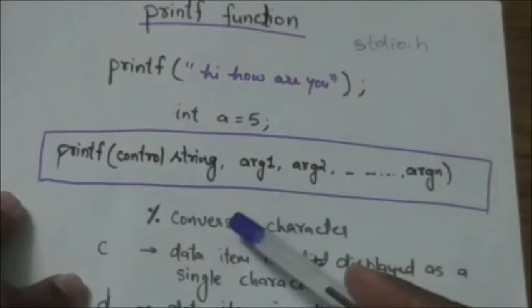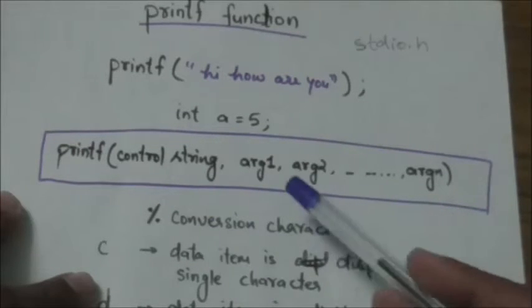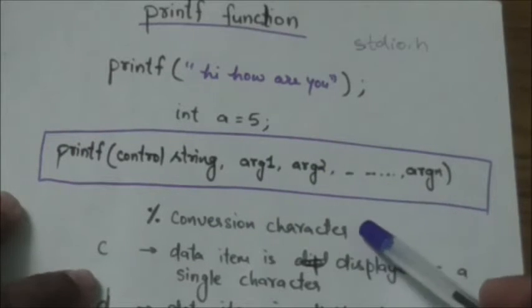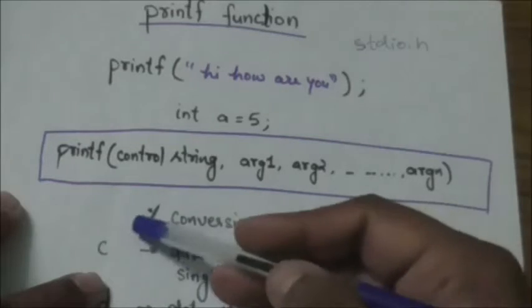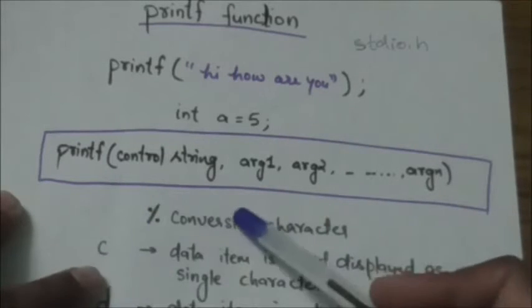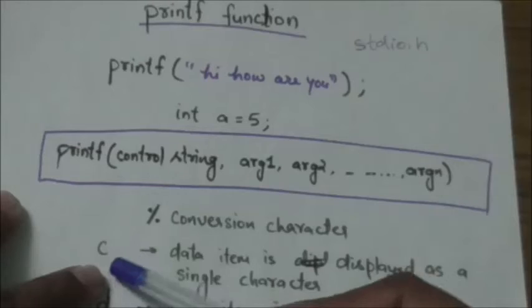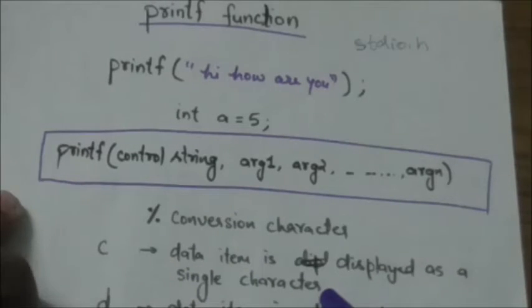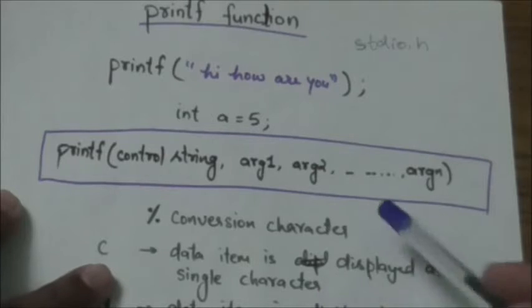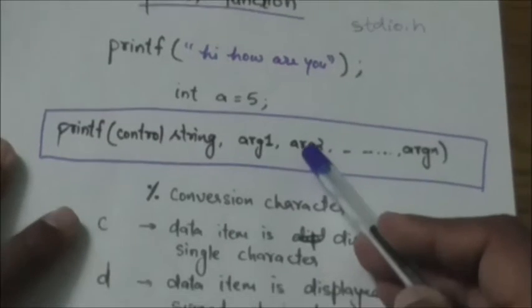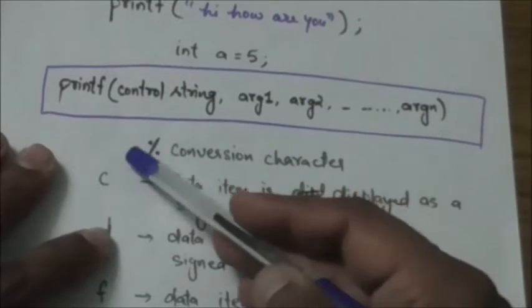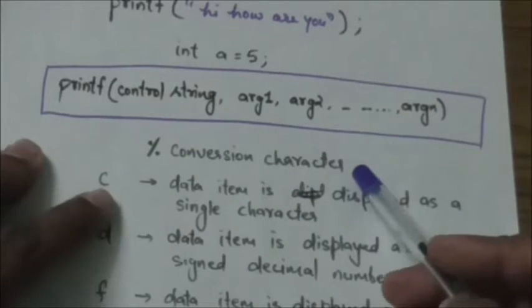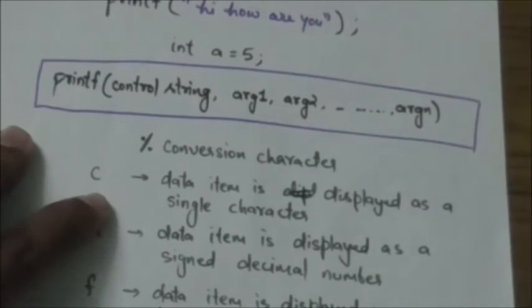What will the conversion character be? It depends on the type of argument which corresponds to this character group. If the conversion character is c, then the data item will be displayed as a single character. It means the argument corresponding to this character group will have a character value.